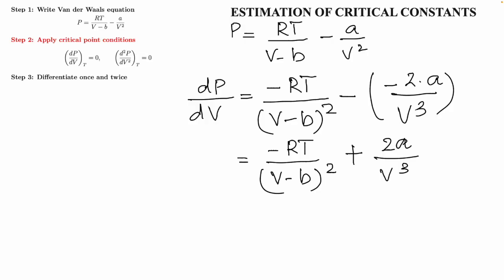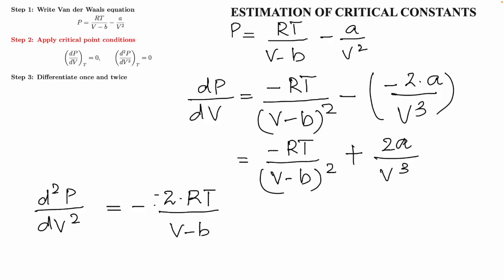Now the next step is to find d square P by dV square. That is equal to, you have a minus here. We write RT, which is a constant, and 1 by (V minus b) the whole square is what we are differentiating. b is treated as a constant. So just like the second term in our previous equation, we will get a minus 2 here and (V minus b) the whole cube.